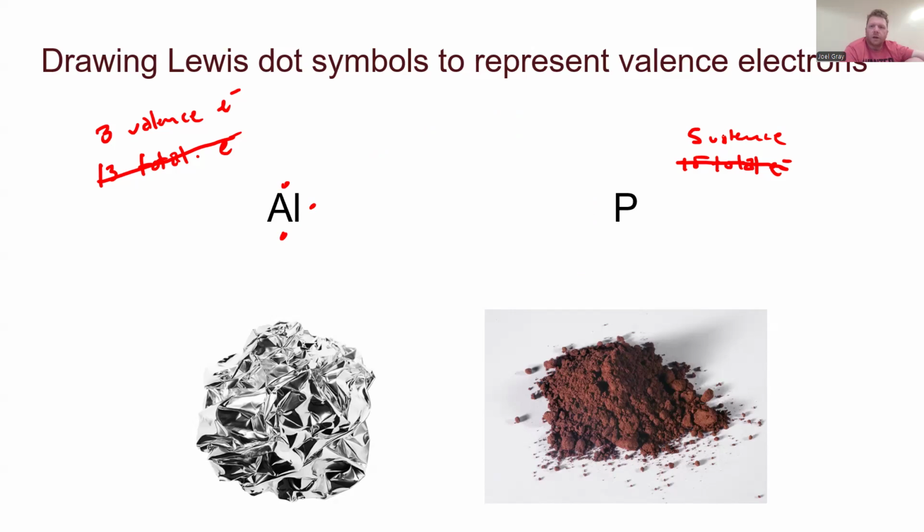Phosphorus is going to have 5 dots around it. 1, 2, 3, 4, 5. The convention is that you start and you place one electron on each side, and then you kind of fill them in either clockwise or counterclockwise. So here what we have is phosphorus, for example. What I did was I placed my first, second, third, fourth, and then my fifth.